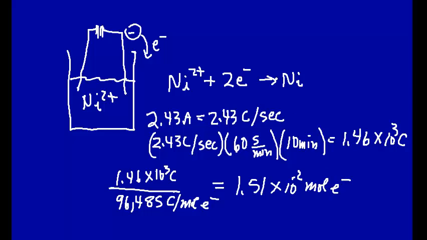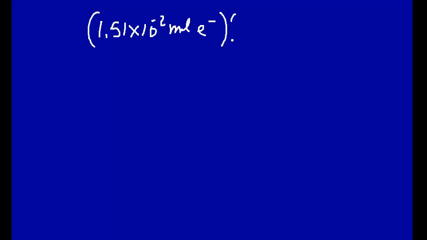Now that's not how much nickel we produce, because for each mole of nickel we need to use up 2 mole of electron. So let's do that conversion. 1.51 times 10 to the minus 2 mole of electron. And then we said for 1 mole of nickel, we need 2 mole of electron.